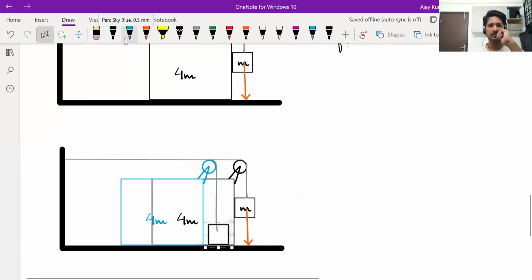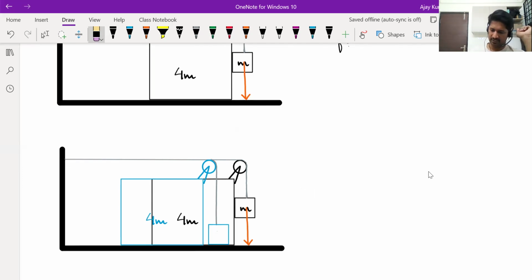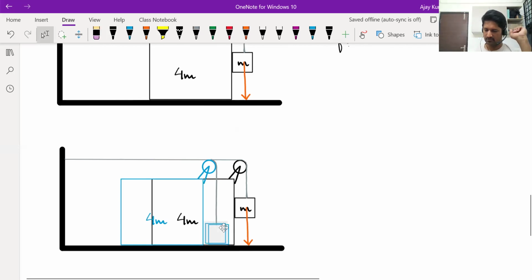Rishi, what do you say? Sir, yes. Okay, if that part of the string which is connected to the small block remains vertical throughout, then this is what should happen. Okay, I'll remove that original figure.